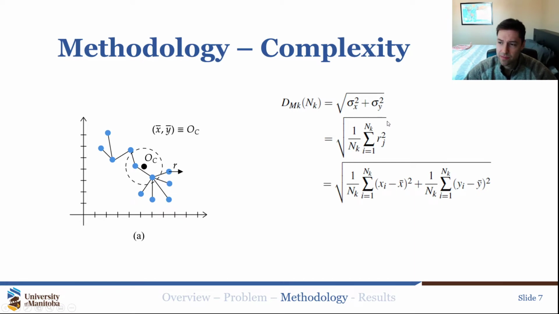You can summarize it as r sub j, where it's just like in all dimensions. And then finally at the bottom is what the full equation would look like, where you're taking the sum of the differences of each point from the center of mass in the x dimension, square it, and you take the 1 over n sub k of just the number of nodes. So this is just a standard deviation calculation.